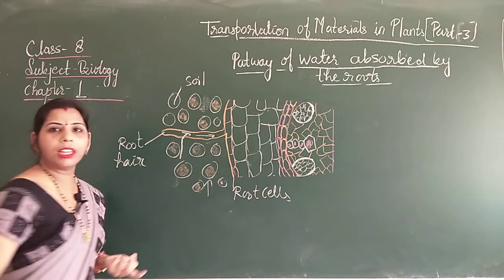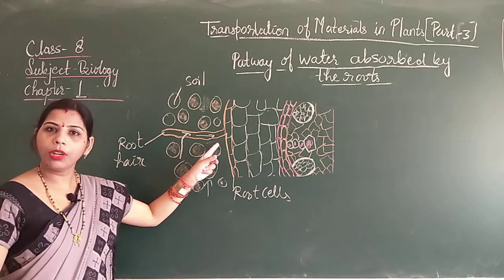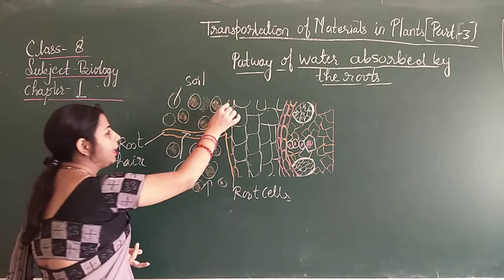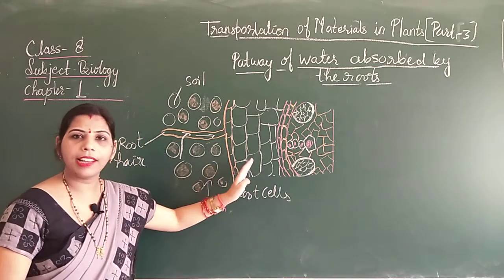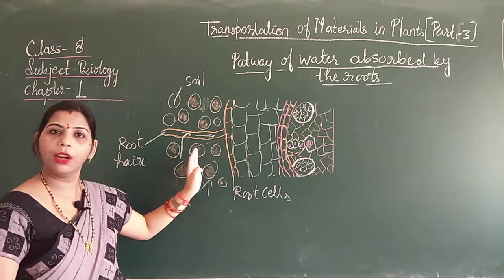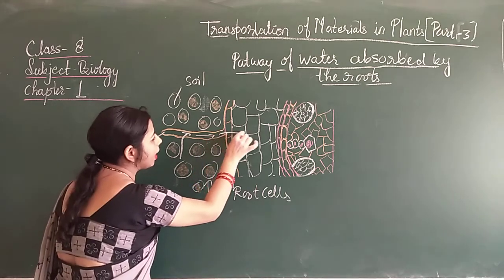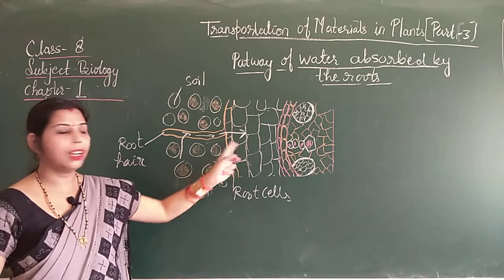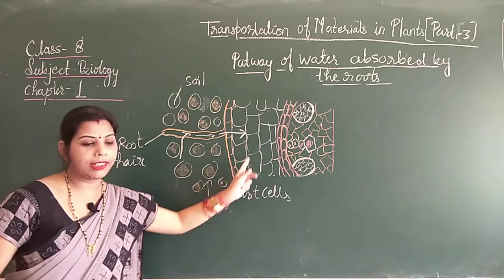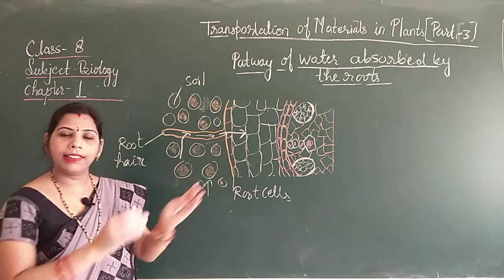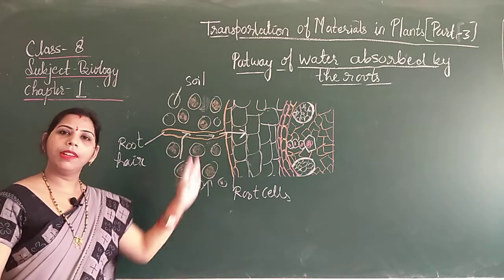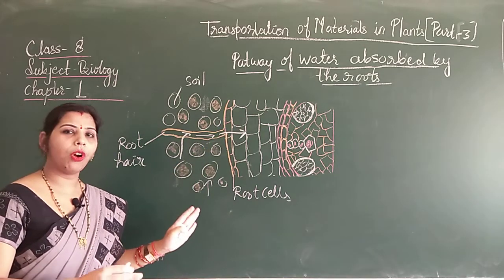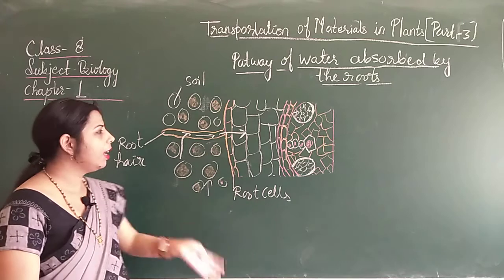Now when water molecules enter the root here, what happens? The adjacent cell of root here is having less amount of water as compared to the root here. So because of osmosis, again the water starts moving into the adjacent cell, which is known as the cortex. The same type of activity happens because the previous cell has a higher concentration of water than the next cell.